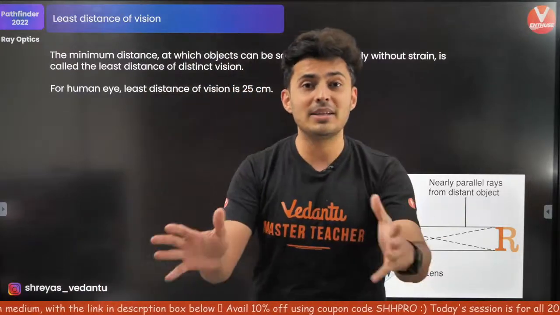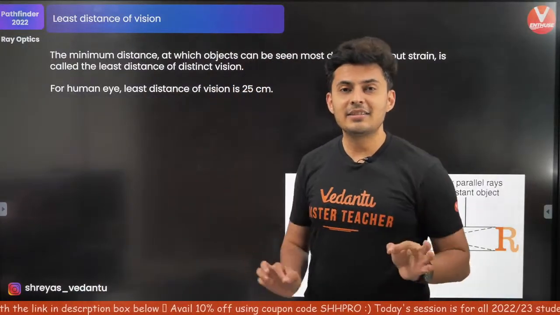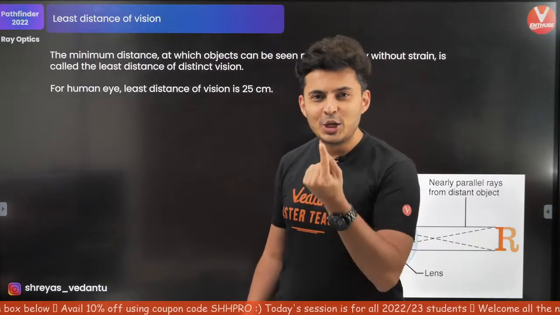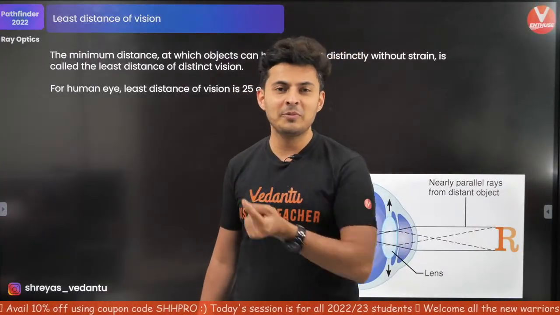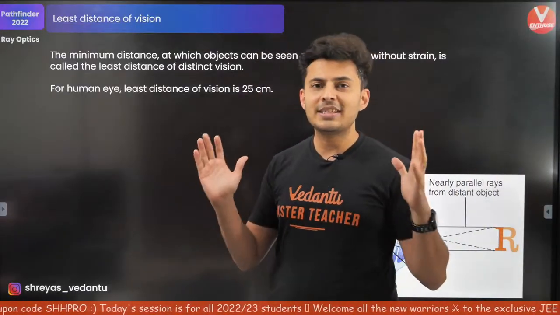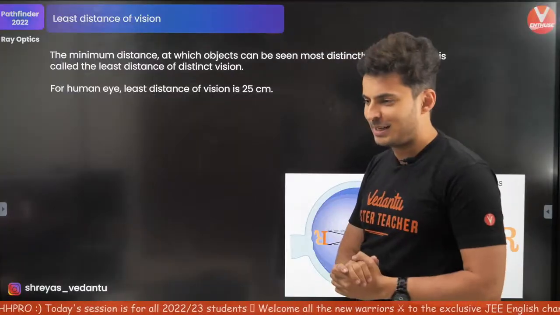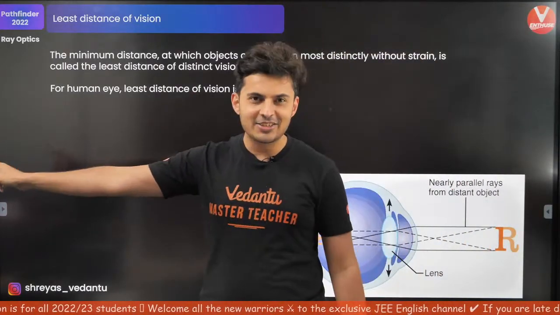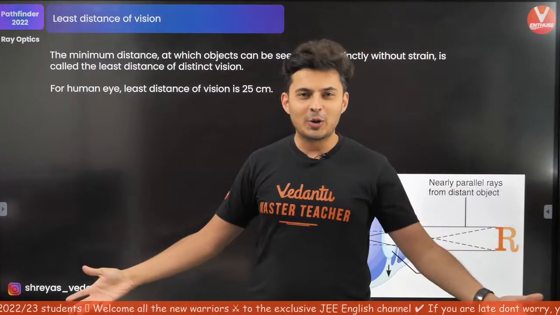For small babies, when you're a kid, that distance is around 7 to 10 centimeters. That's very small. You can see things which are very, very close by. But for an average adult, you will see that the distance is around 25 centimeters. As you grow older, this distance can even increase to maybe even 1 meter or 2 meters.